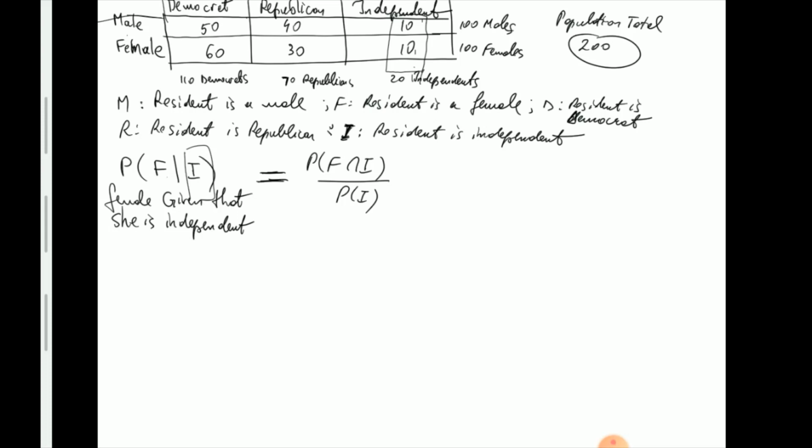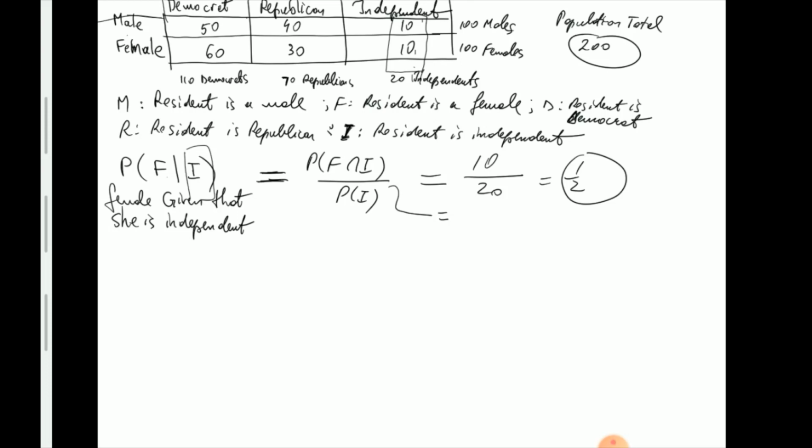So directly from the table, I can tell it is 10 over 20, which is 1/2, the probability that a female is independent. There's no point in using the formula. Not that the formula doesn't give you the correct answer, but it's just not necessary to go via the formula.